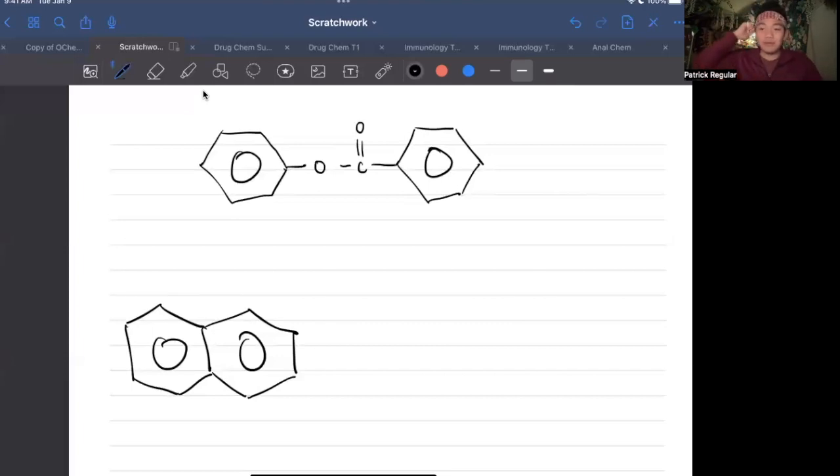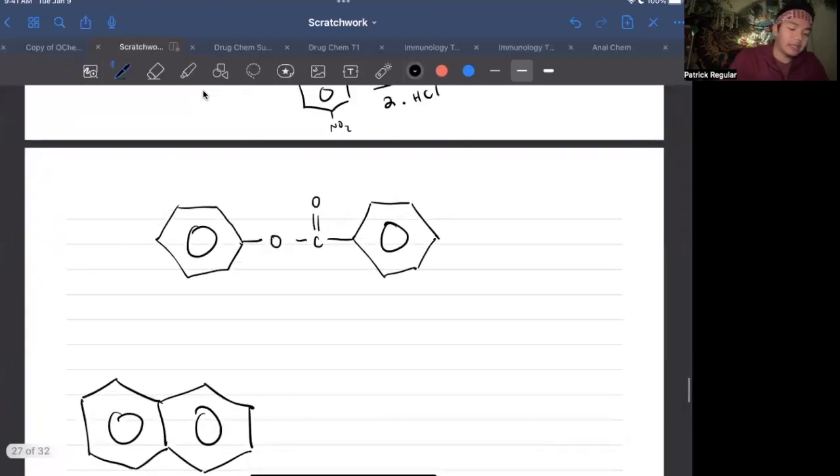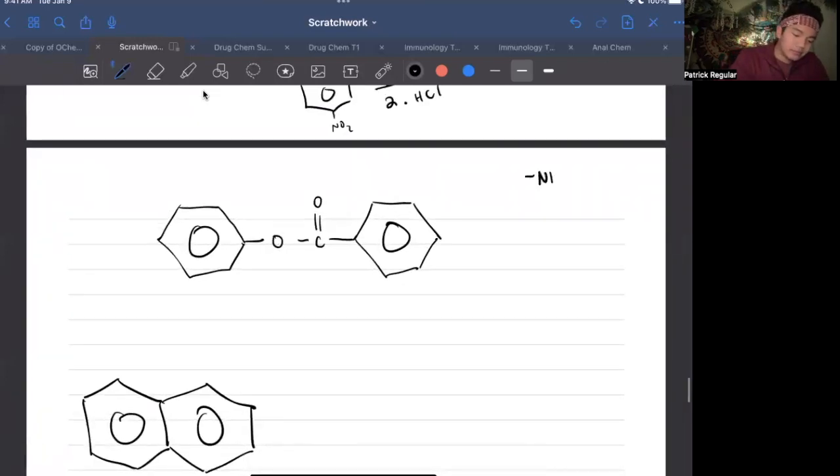That entire chart that he gives you that I talked about in the last video, there are two commonalities, and that's your moderate activators and your deactivators, because you have esters, or not just esters, but you have amides as well. So an amide would be similar to the structure I have right here on the left, but instead of an O, it would be an N, but they still follow the same rules.